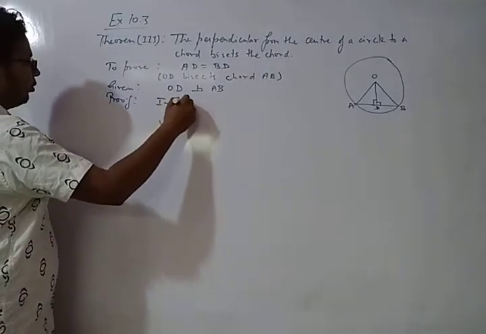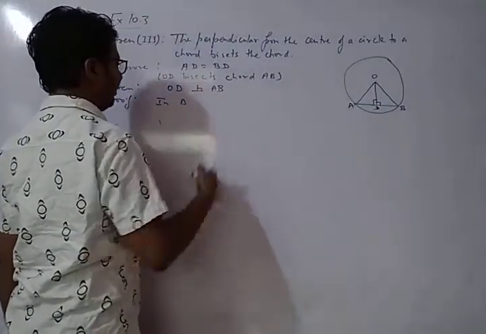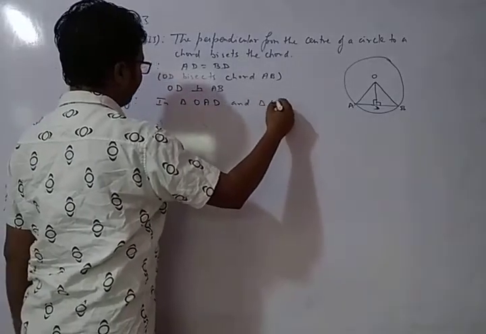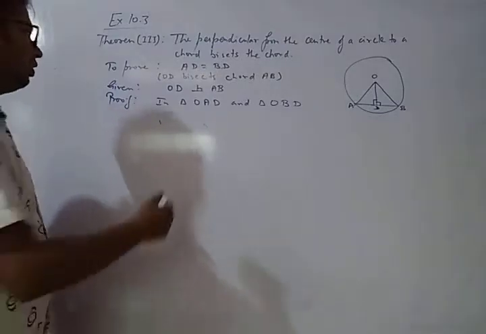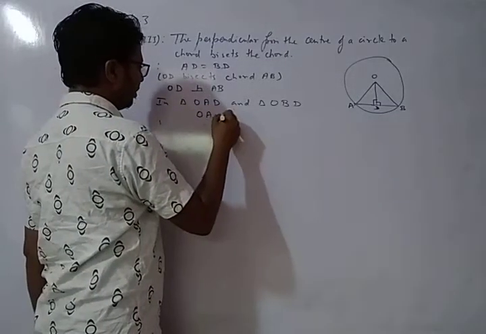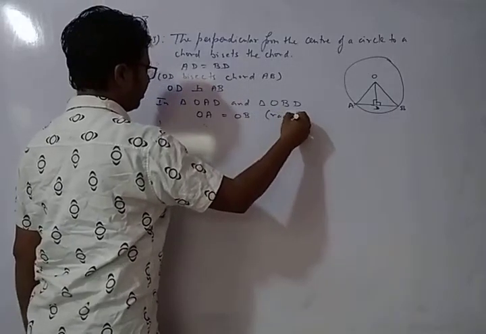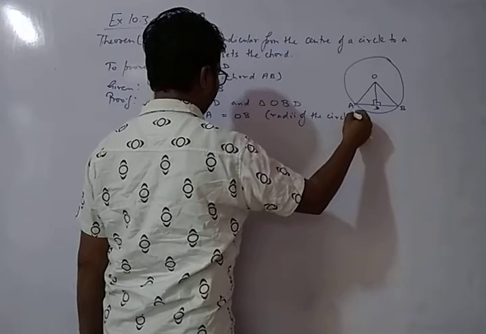इन ट्राइंगल, दो ट्राइंगल लेंगे, एक हम लेते हैं OAD और दूसरा लेते हैं OBD. अब इन दोनों ट्राइंगल के अंदर हम जो चीजें देखते हैं कि OA is equal to OB, radius of the circle.